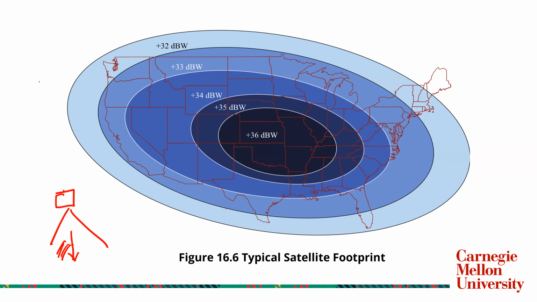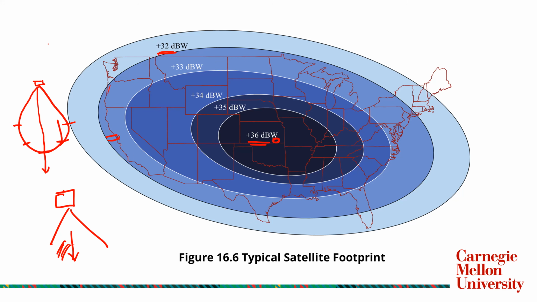So usually the antenna is like that, and the power radiates out of the antenna like that. Most of the power will be concentrated in this direction, but even there the power is still quite strong. If you are here, you get 36 dBW, but somebody at the edge in California or Washington or wherever will get 32 dBW, which is only 4 dBW below where the antenna focuses.